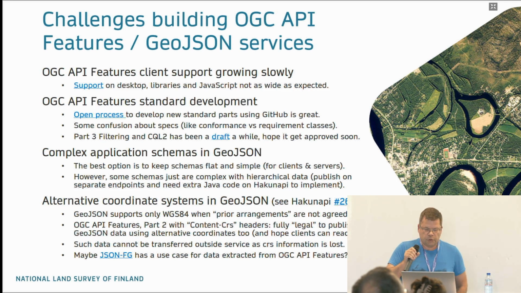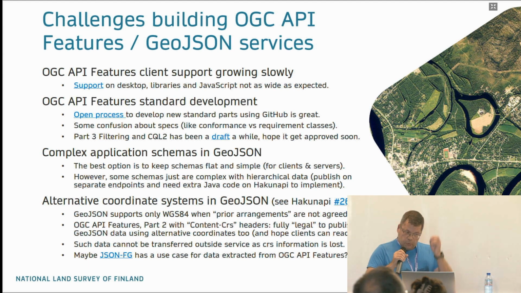And also alternative coordinate systems other than WGS 84 need some care: how to implement and provide them, and how to be sure that clients can use those other coordinate systems we provide on our services.